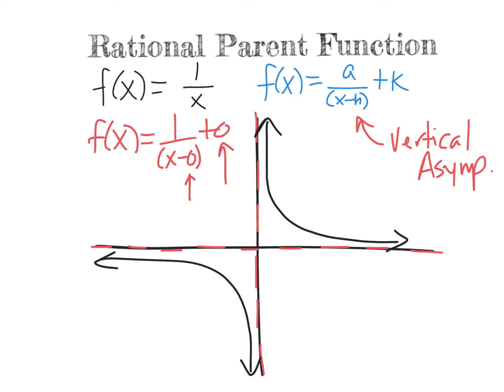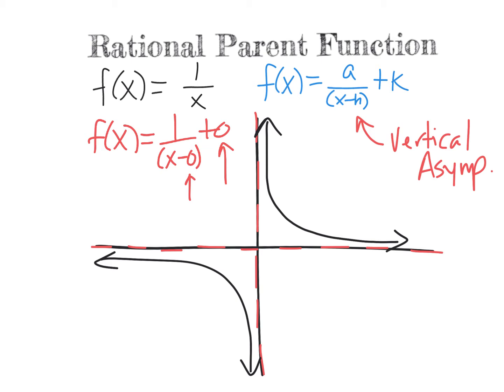And for the k, we're dealing with an up and down shift, right? Like the other letters before, h inside the parentheses was always left and right. The k was always up and down, right? The k will move it up and down, which means it will move the horizontal asymptote.